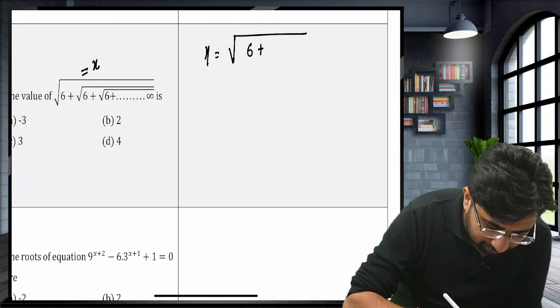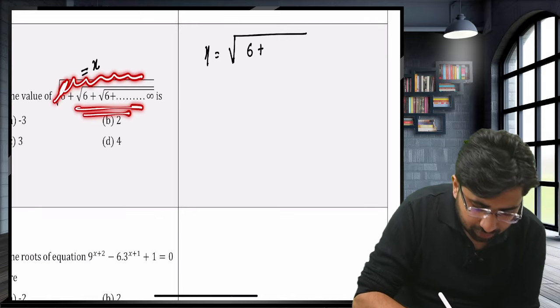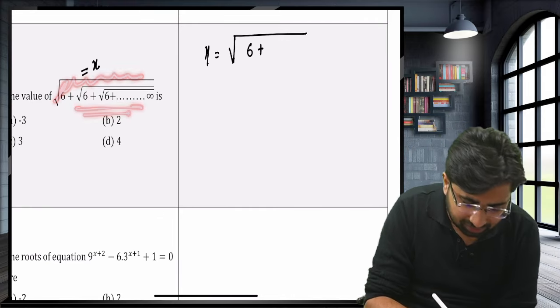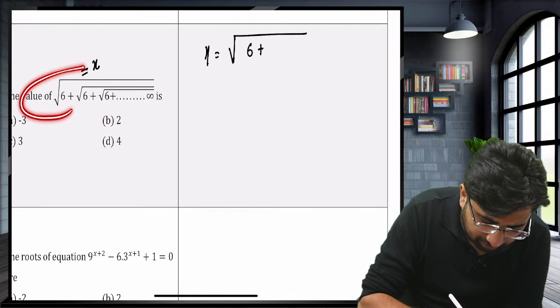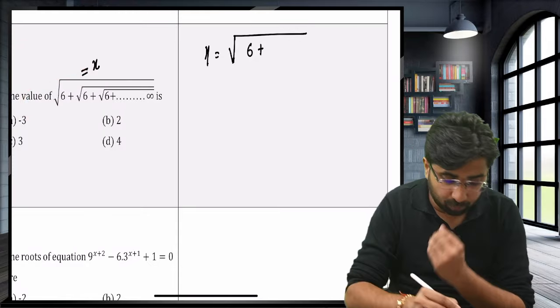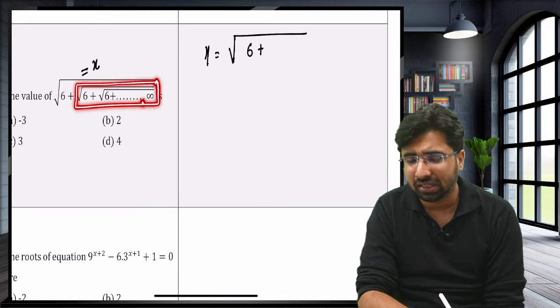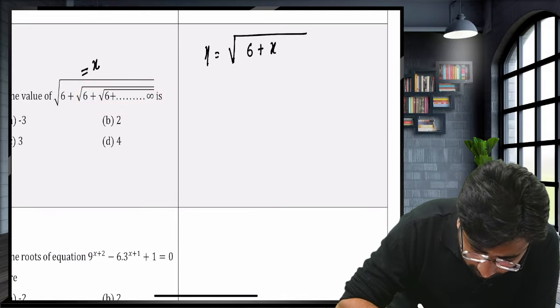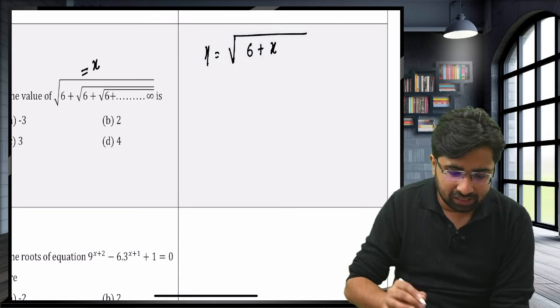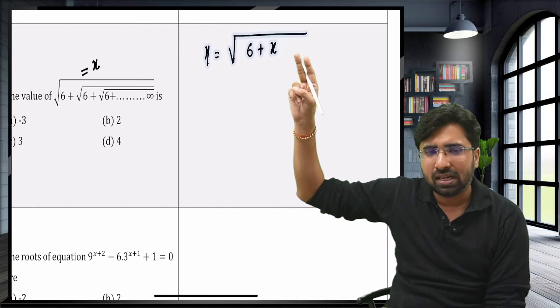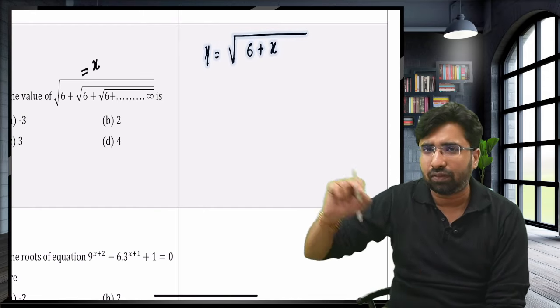Aman sir, even if you hide this, under root 6 plus under root 6 plus under root, the same thing repeats. This part, under root 6 plus under root 6, you have assumed as x. It means from this point the entire expression is being repeated, which I have assumed as x. So I will replace this part with x. Now I simply need to get the value of x, because I have assumed the entire value to be x. The value of x is the answer of this question.